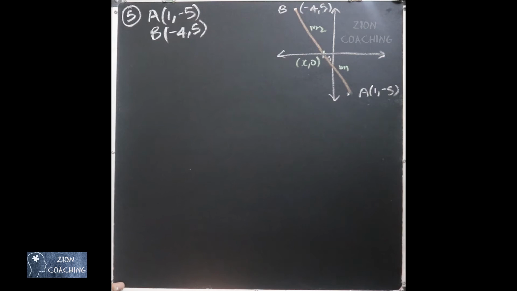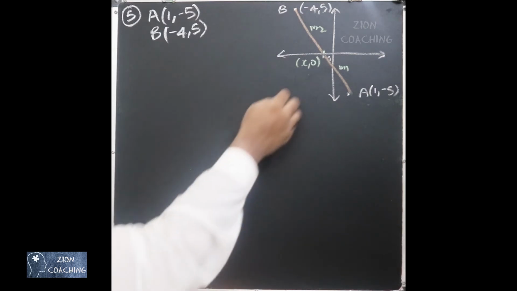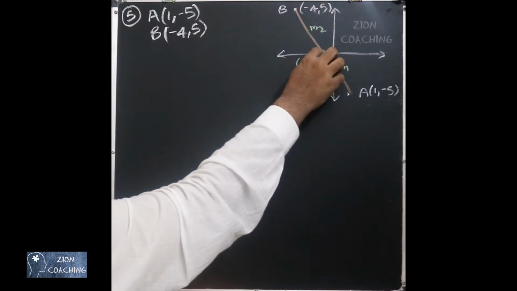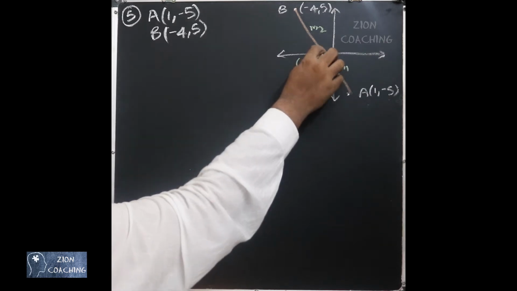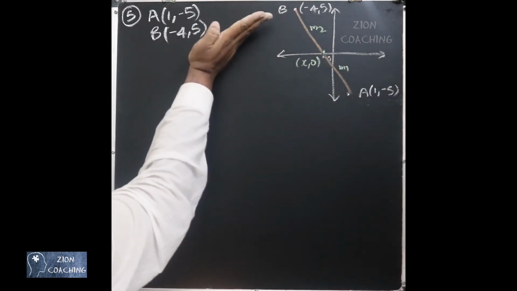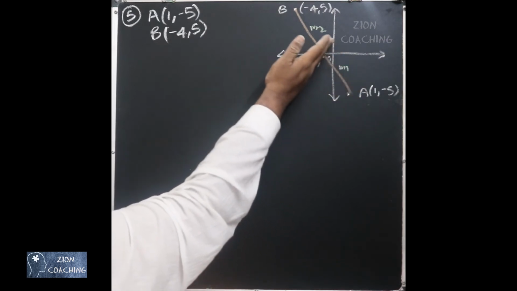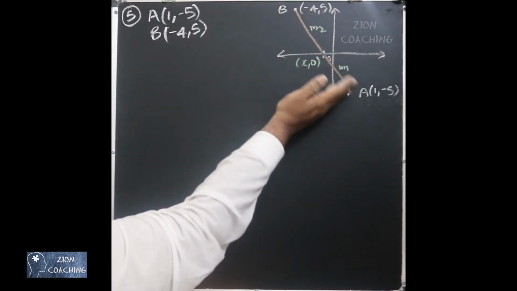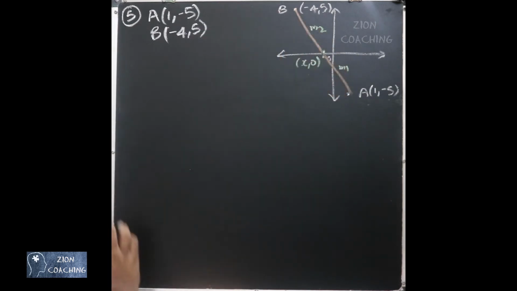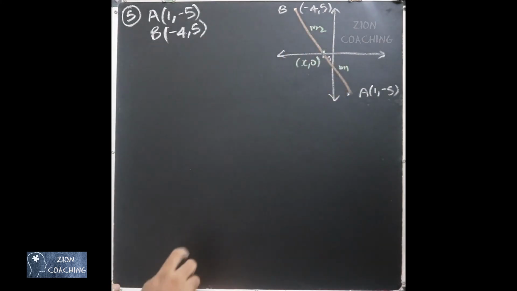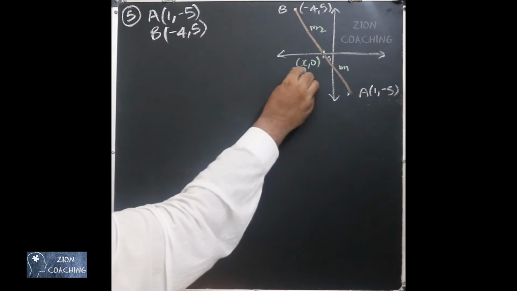Now they are asking us to find in what ratio this point on the x-axis divides the line, that is, in what ratio is the x-axis dividing this line AB. We have to find m1 is to m2. Then the second thing, we should also find this x.